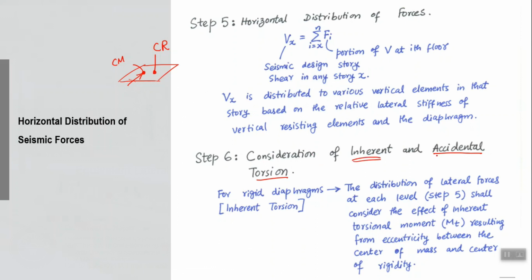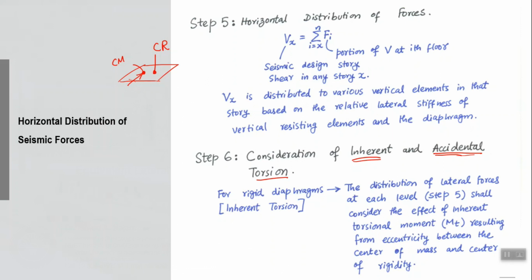On the other hand, you also have another kind of torsion, that is accidental, which means, as the name indicates, that if due to construction issues or some other practical reasons, there is a difference between the center of mass and center of rigidity as produced by any construction issue, practical issue, then it is accidental torsion.